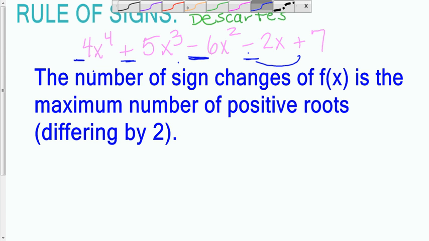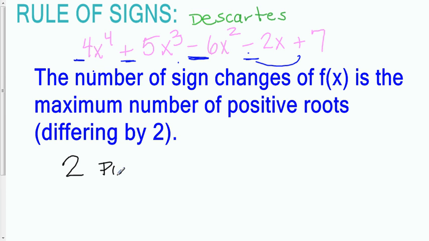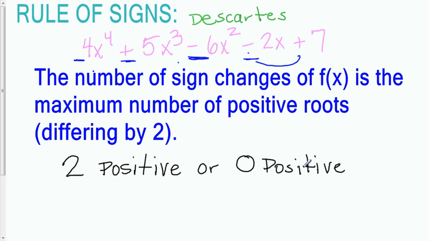Because of that, because there are 2 sign changes throughout this polynomial function, we know then that there have to be 2 positive roots, or there could be no positive roots. Because whatever you find is for the maximum number of sign changes, it differs by 2, so 2 or 0.